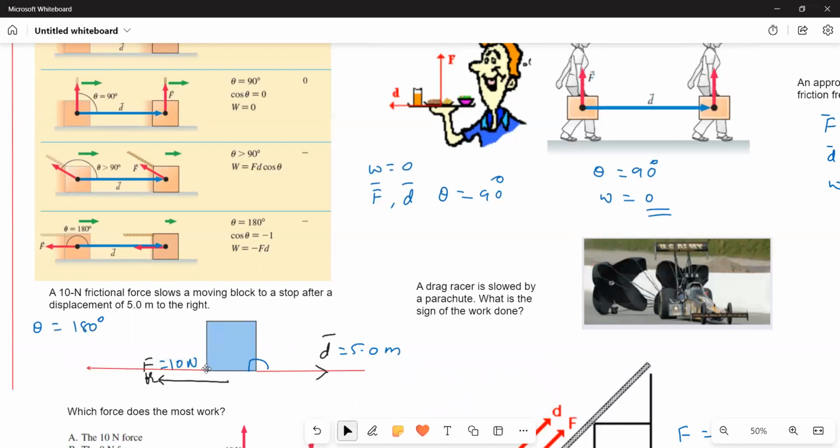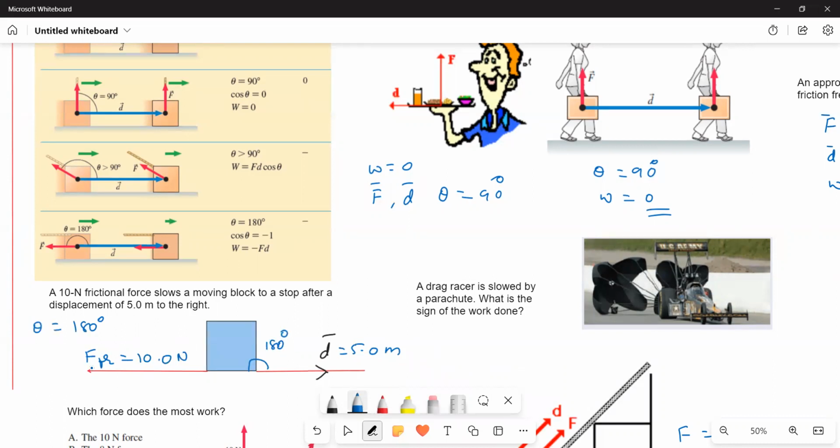This is the force, F friction equal to 10 newtons, in this direction. So this is 180 degrees.